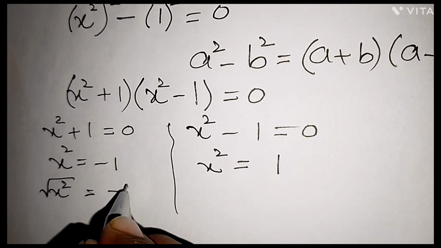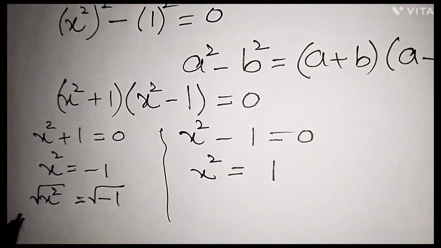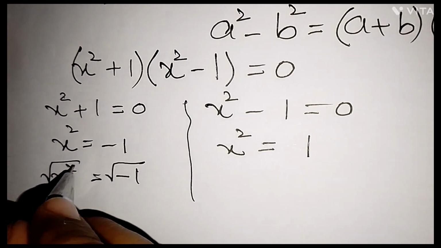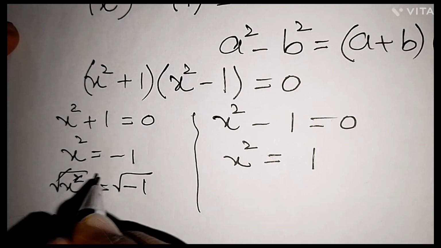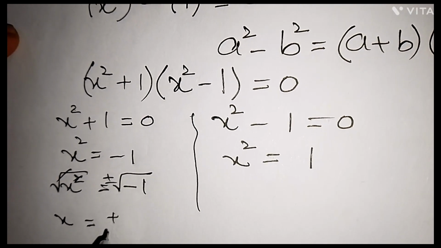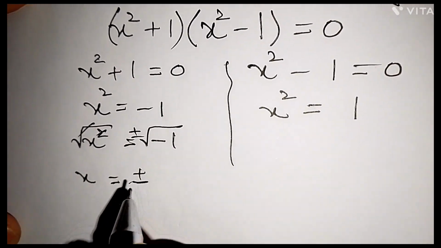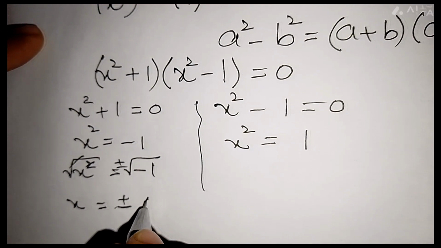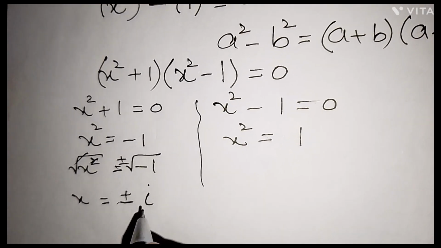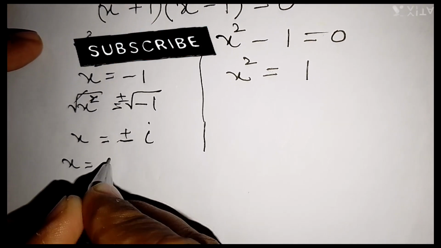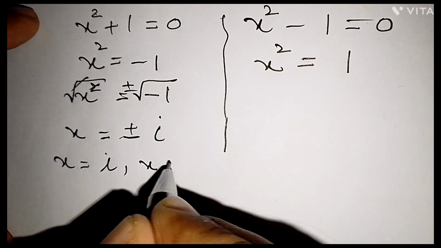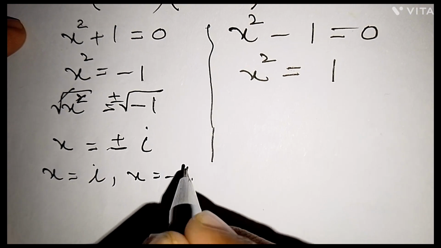We cancel square with square root. Now we have x is equal to plus minus square root of minus 1, which is equal to iota. Plus minus iota. Now x is equal to plus iota and x is equal to minus iota.